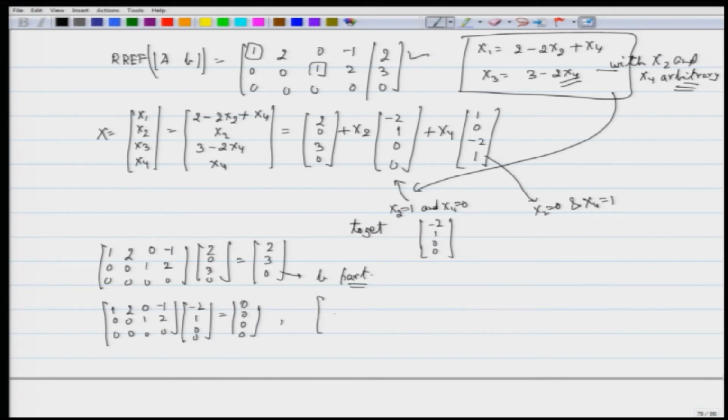Similarly, 1 0 0, 2 0 0, 0 1 0, minus 1 2 0, this times 1 0 minus 2 1 will also give you 0 0 0. Fine. So, these two vectors correspond to the solution of Ax is equal to 0.